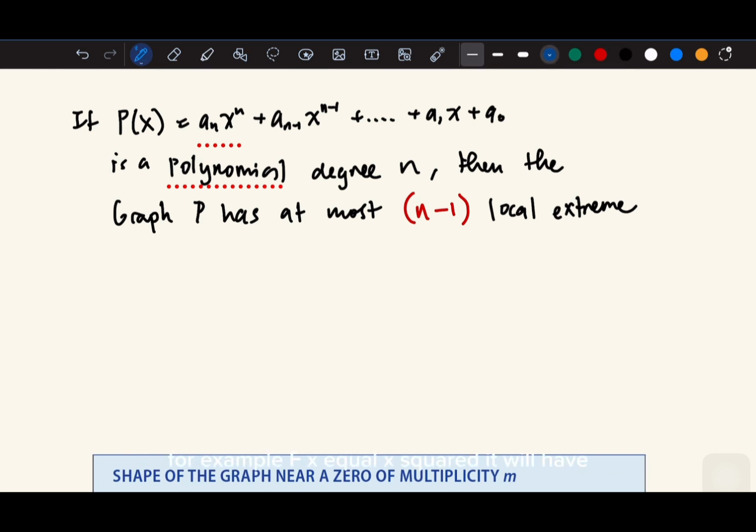For example, f of x equal x squared, it will have 1, right? Or if it's degree 2, maybe like this. This is n equal 3, this is n equal 2.